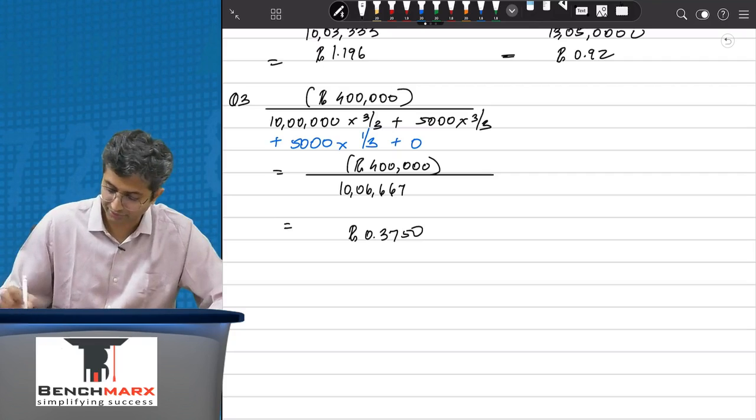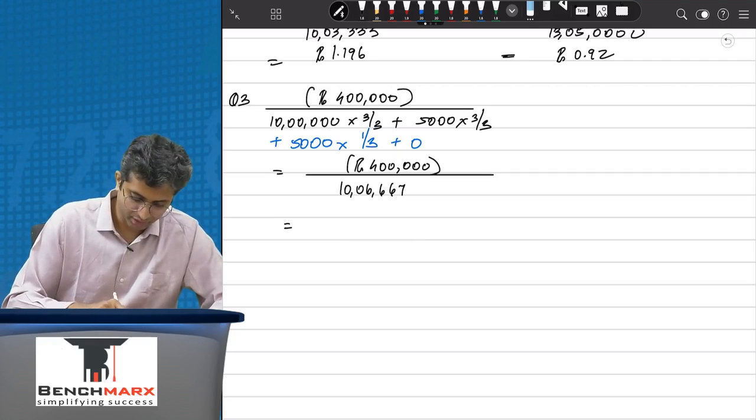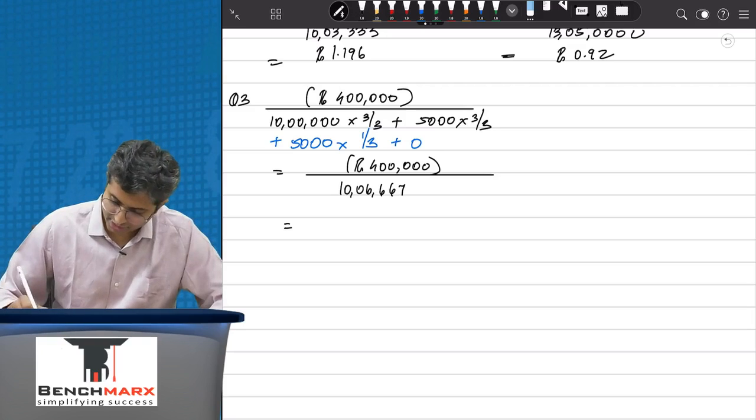Oh, I've taken 10 lakh 50,000, sorry. So over here you will have 10 lakhs plus 5,000 plus 1667. So this is, and you have 4 lakhs. So this is rupees 0.3974, let us say, negative.